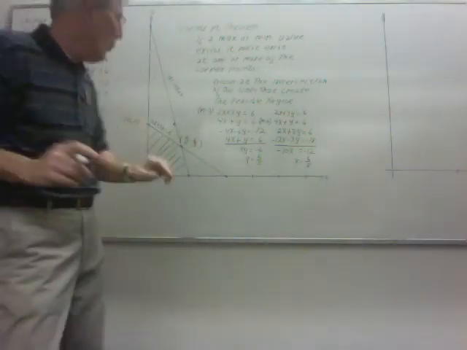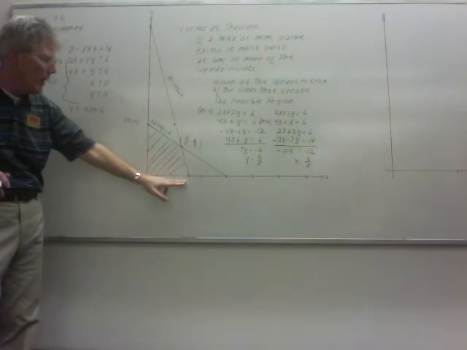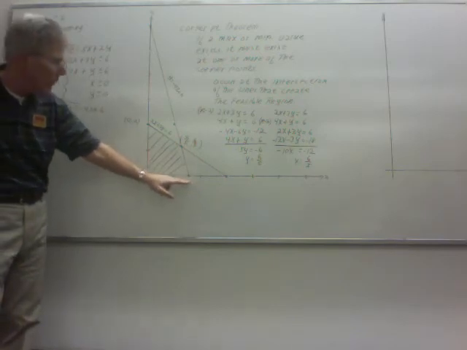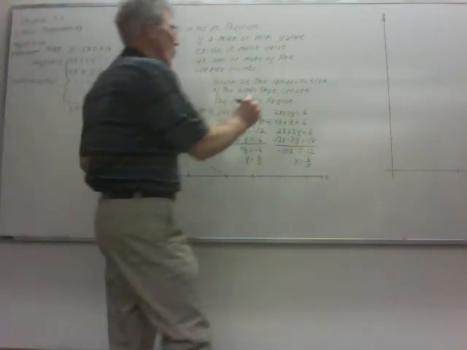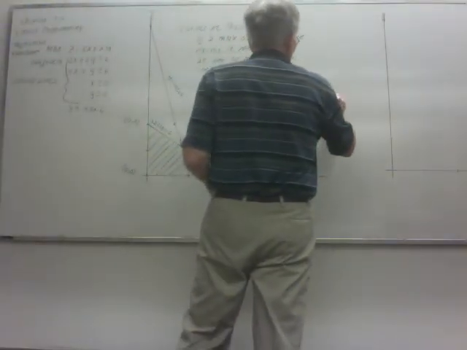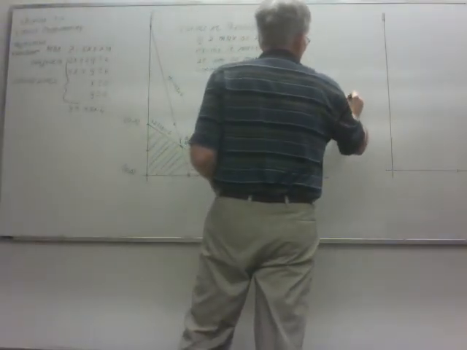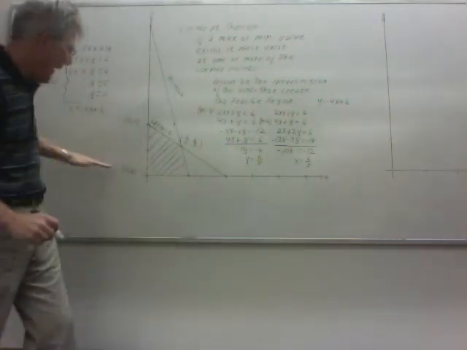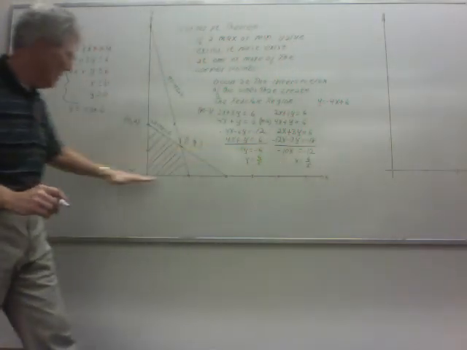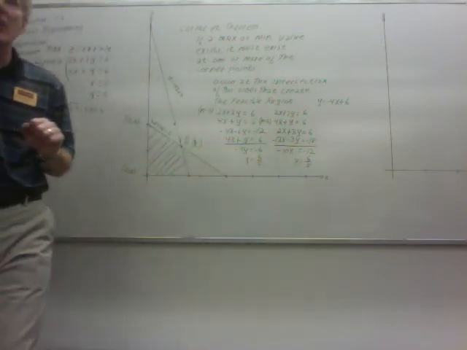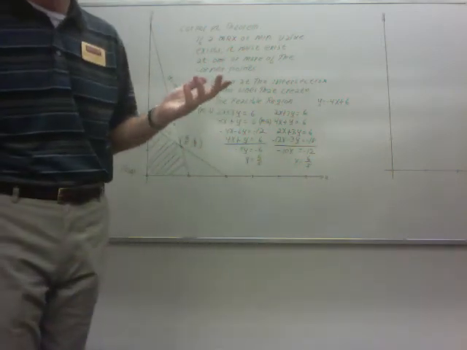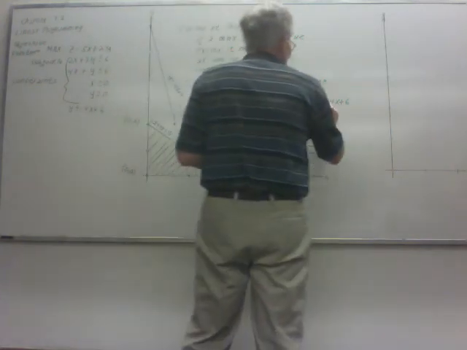Right? So we found this corner point. We've got one more right here. This corner point right here occurs at the intersection of this line, which is y equals negative 4x plus 6, and this line right here, which is going across the x-axis, which has to have an equation of y equals what? 0. And y equals 0.